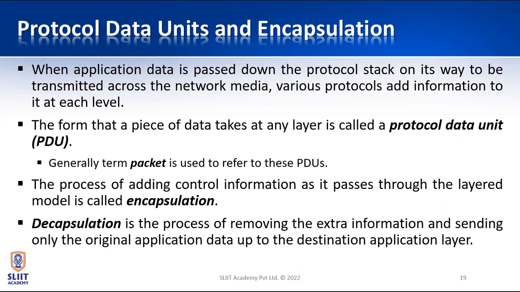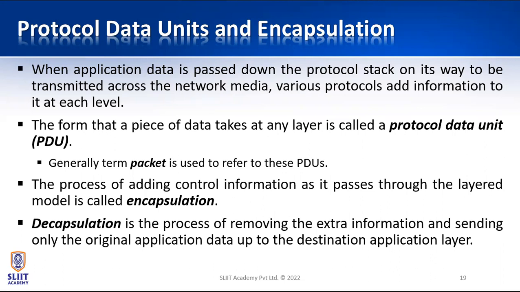When you are adding all of this control information from each and every layer, we give a special name for this unit, right? It's not going to be called a data packet every time. We give different names. These naming conventions we call protocol data units, right?